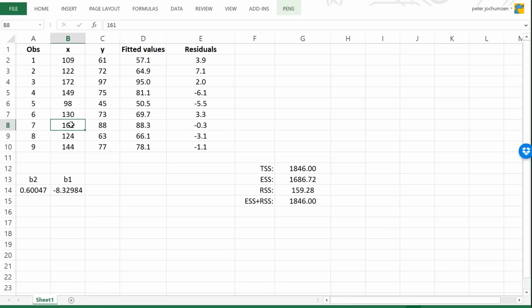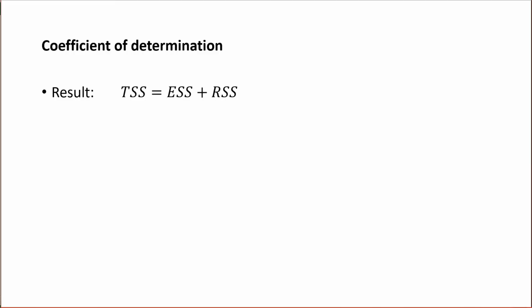ESS is the part of the total variation that we can explain. And we think of RSS as the part of the total variation that we cannot explain. So summing these two up, the part that we can explain with the linear trend line and the part that we cannot explain with the linear trend line, gives you the total variation. This is the basis of our definition of R square, or coefficient of determination.